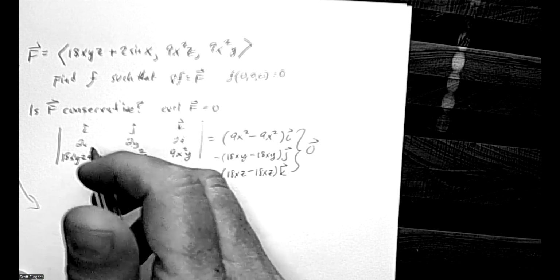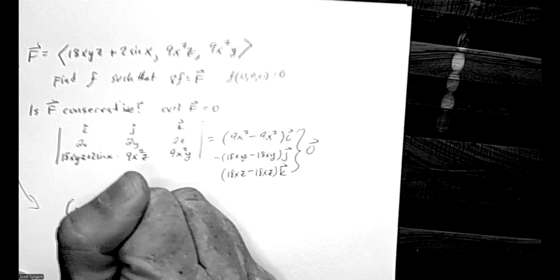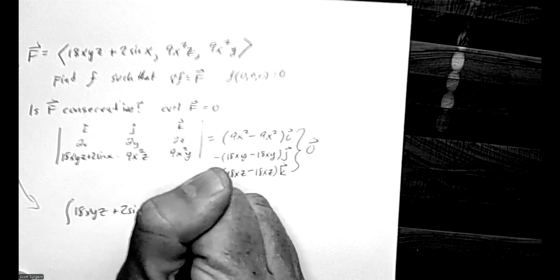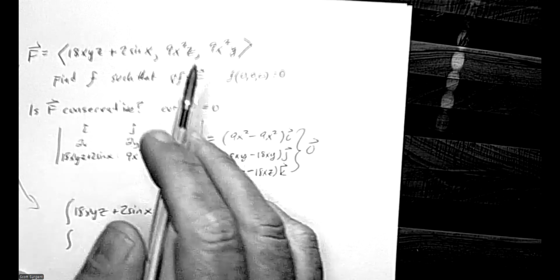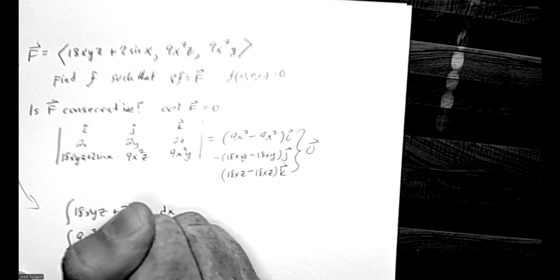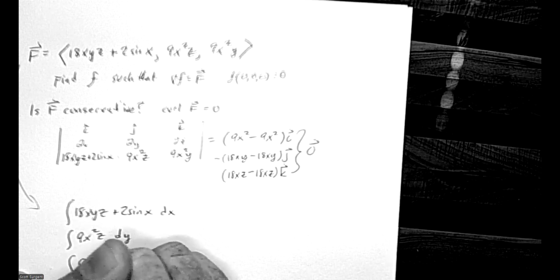So what you do, and I'll show you a couple ways, you basically integrate each part with respect to x, y, and z. So the first component with respect to x, the second component with respect to y, and the third component with respect to z.